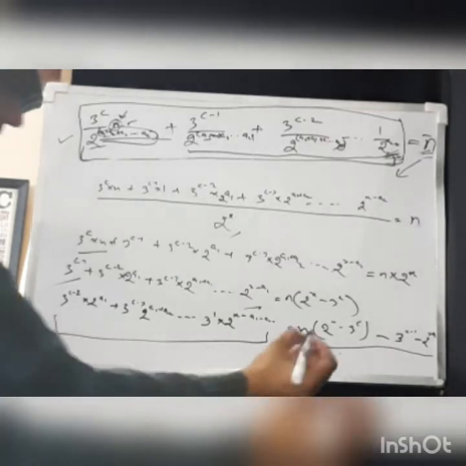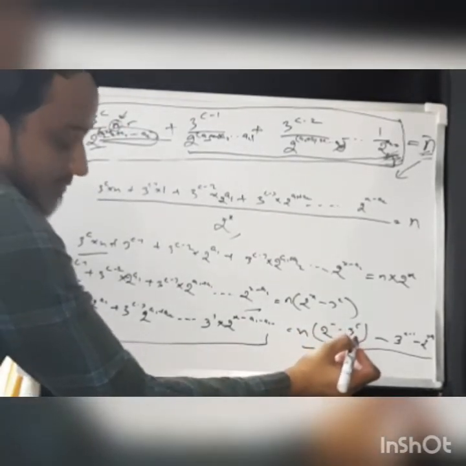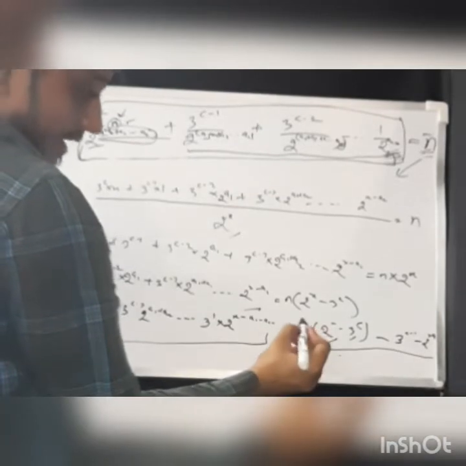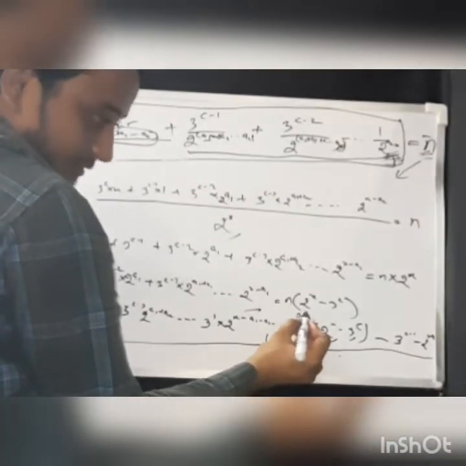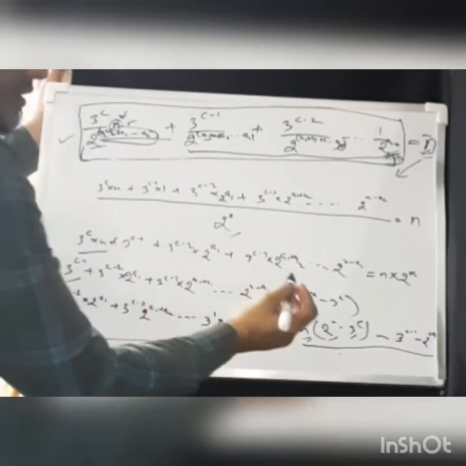I have a number that is 2 to the power x, and I'm subtracting 3 to the power c from it, and then I'm multiplying it by n. Remember that n is going to be greater than 2 to the power 60, because we already know that these numbers have already been calculated to go to 1. So if there is a number that repeats itself, it has to be above this number.